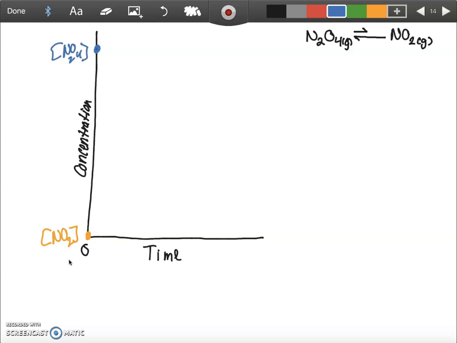Okay? But as the reaction progresses, we will still see that some of the reactant starts disappearing. However, it's going to level off a lot quicker. Or in other words, not much of it is going to be used.